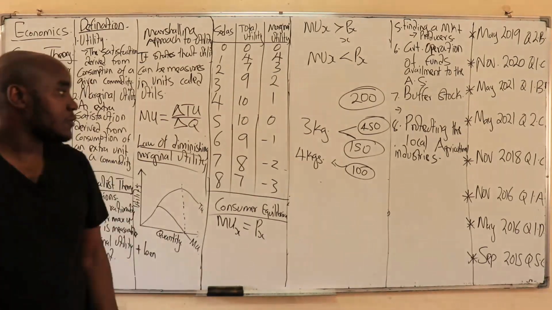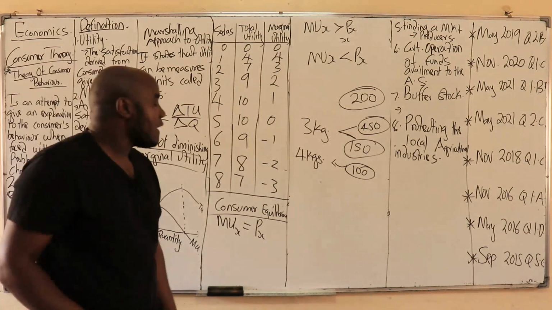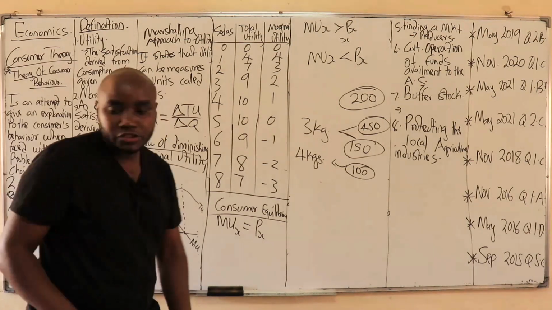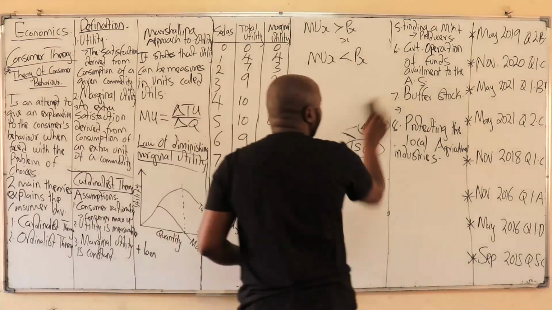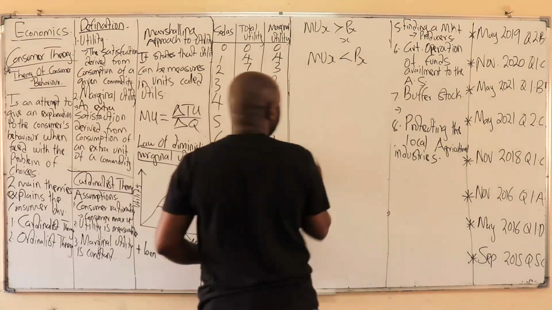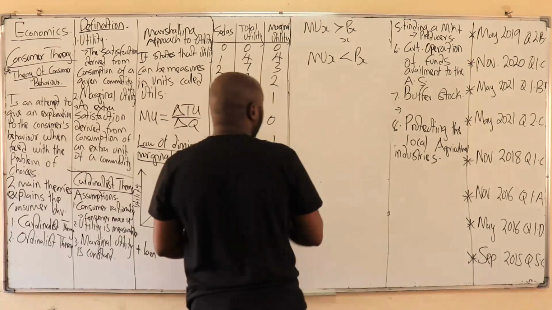Then let's write the rule of equimarginal utility.